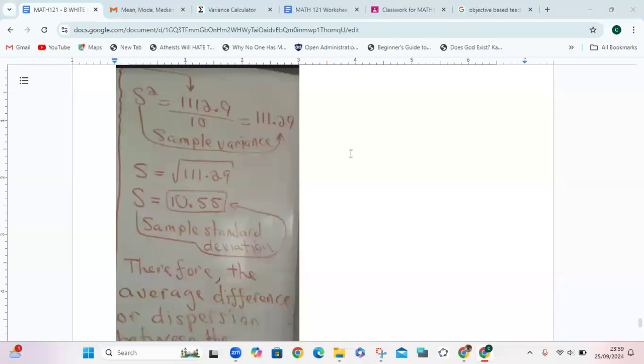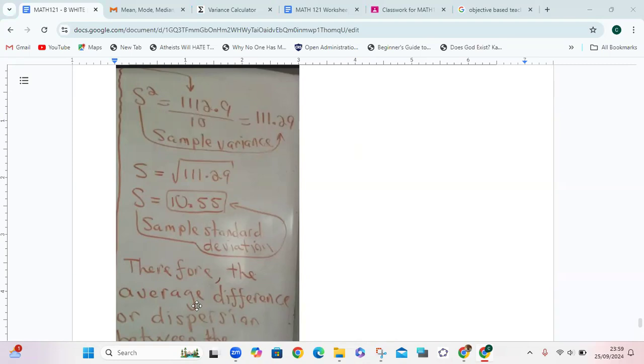Then as the formula instructs, we've got to put this sum over n, which is 10, and then divide, and this will give us the sample variance. And to get the sample standard deviation, we square root the sample variance, and we got 10.55.